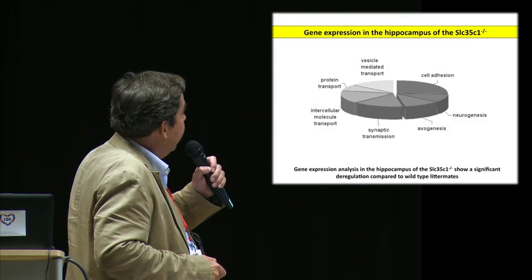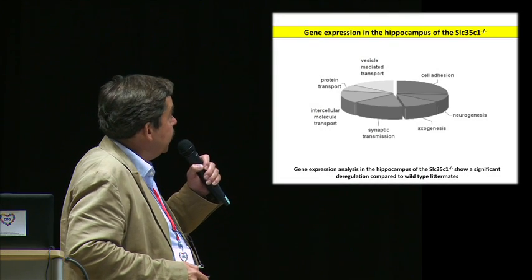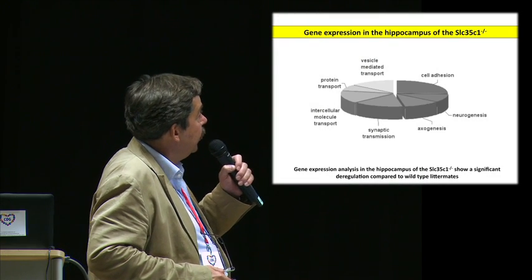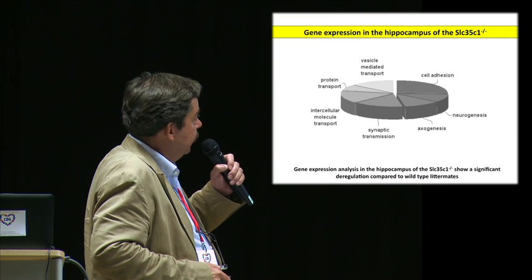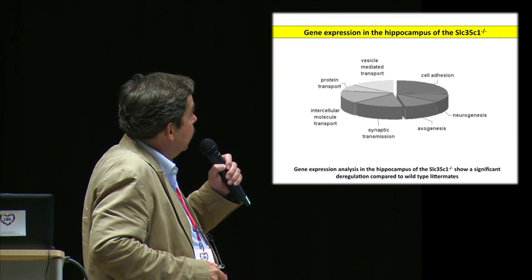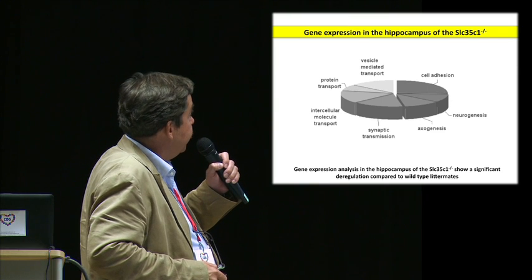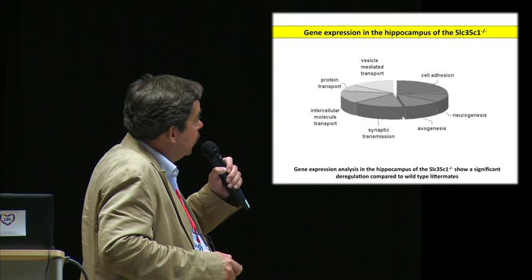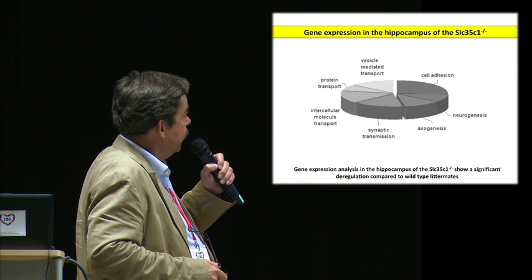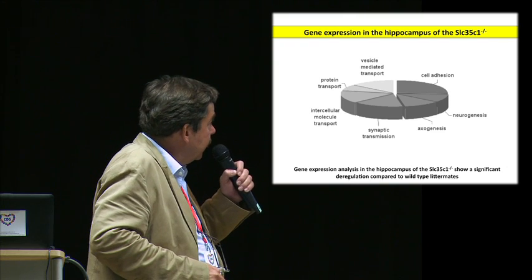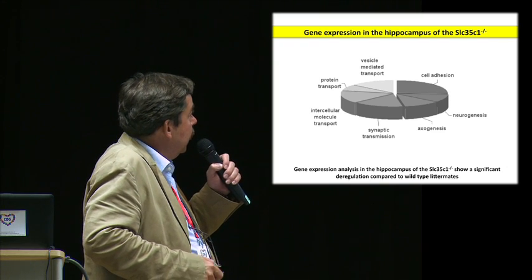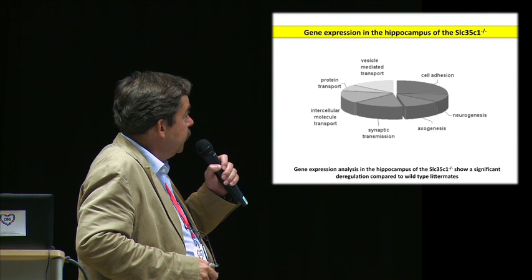And what we find so far in gene expression studies of the hippocampus, we found a variety of changed gene expression in cell adhesion, neurogenesis, axonogenesis, synaptic transmission, protein transport, and so on.